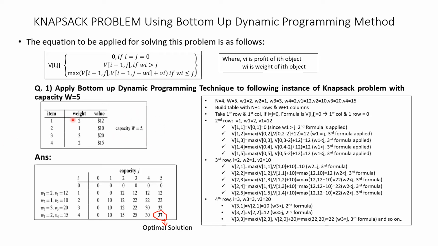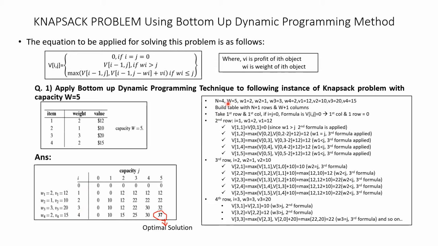This we had solved previously using the brute force method. Now we will solve this problem using the bottom-up dynamic programming method. First step: you have to create n plus 1 rows and W plus 1 columns. What is this n plus 1 rows? There are 4 objects, so please create 5 rows: 0, 1, 2, 3, 4.